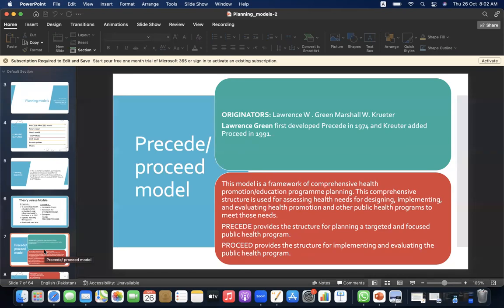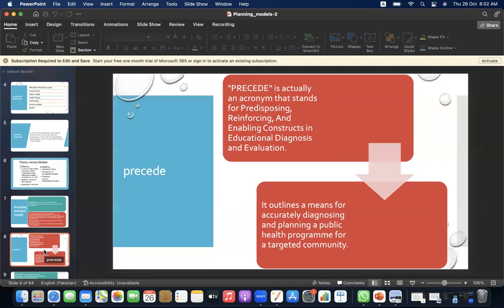PRECEDE provides the structure for planning a targeted and focused public health program. PROCEED provides the structure for implementing and evaluating the public health program. PRECEDE is actually an acronym that stands for predisposing, reinforcing, and enabling constructs in educational diagnosis and evaluation.